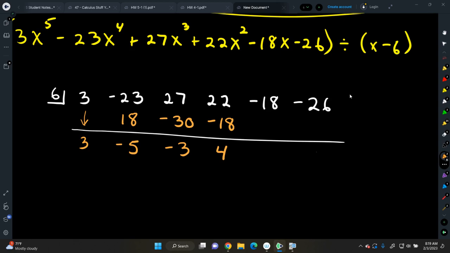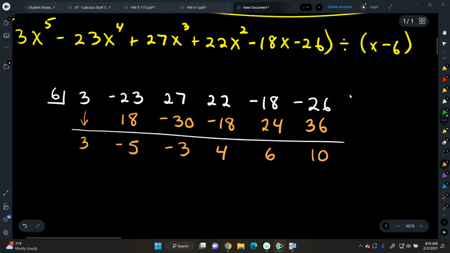And now we multiply and we get 24. And then we add and we get 6. And we multiply and we get 36. And we add and get 10.